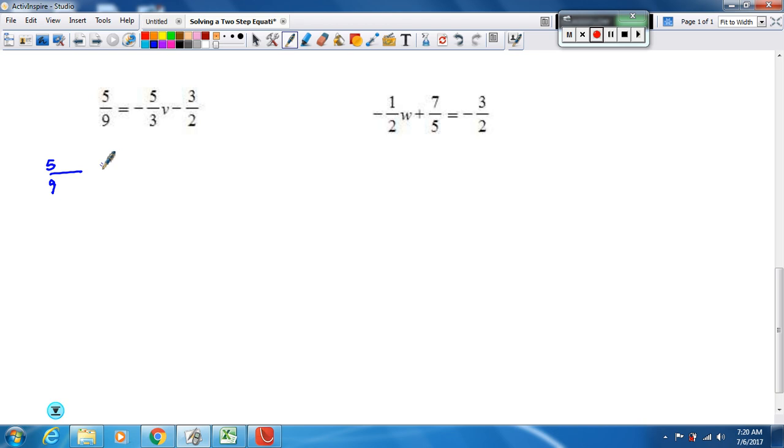Write your fractions down just like they are. Put the v up top. Just leave extra long. Oops, that's a minus sign. 3 over 2. And we said the number we're going to use is 18.